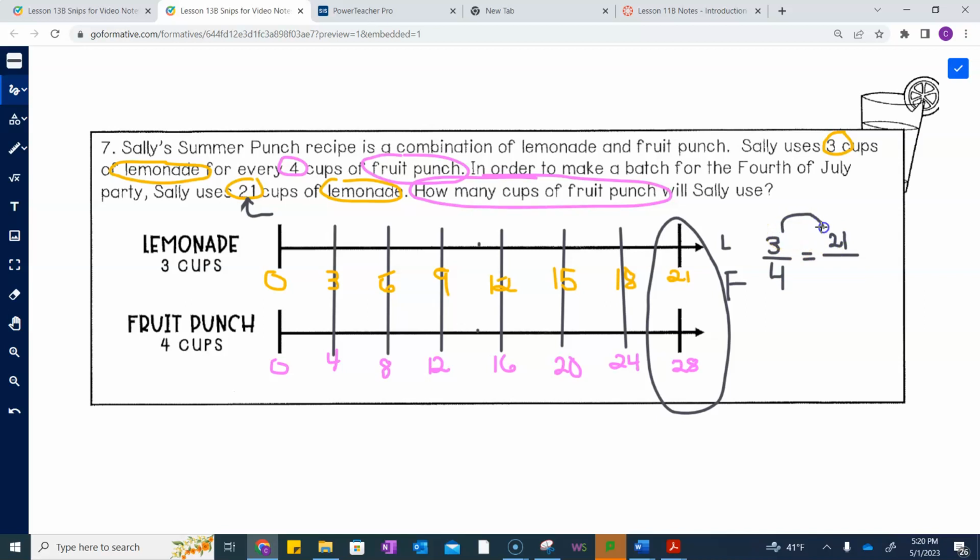And what do we scale that up by? To get from 3 to 21, we have to scale it up 7 times. We have to multiply 1 batch by 7. So that's what we'd have to do to the bottom, and you get your 28 equivalent ratios. Now the punch is going to taste right because we scaled it up by the same scale factor. The scale factor was 7.